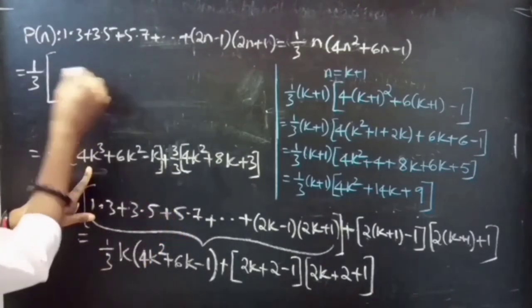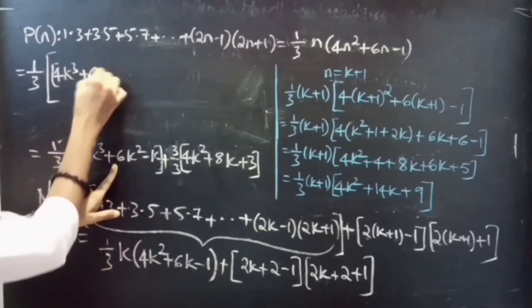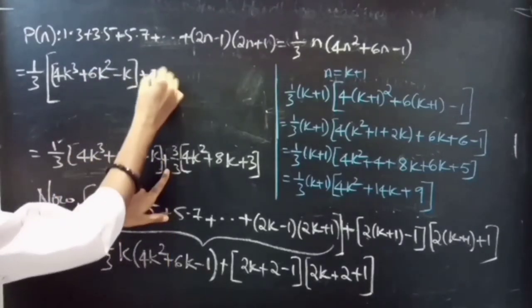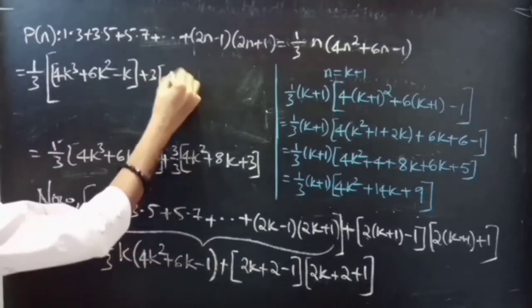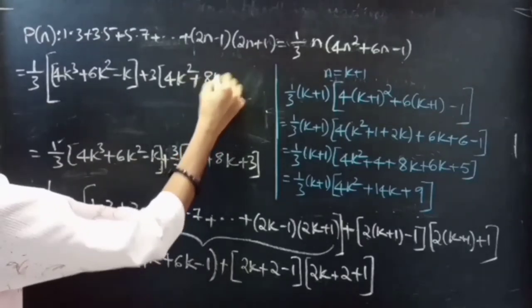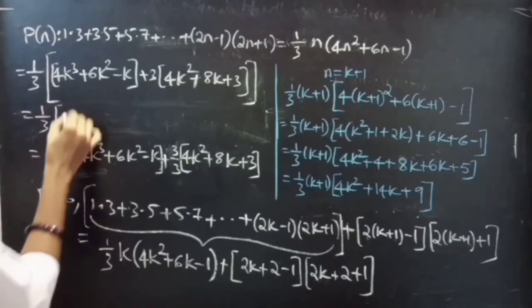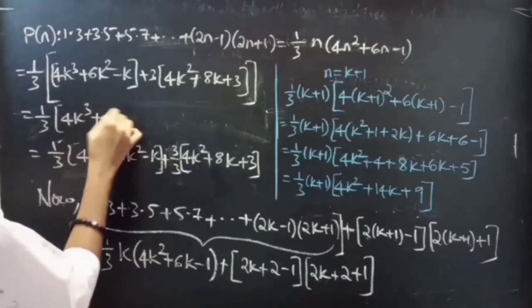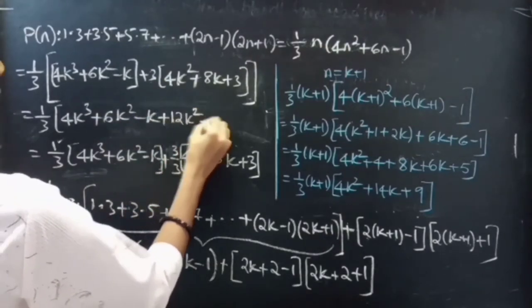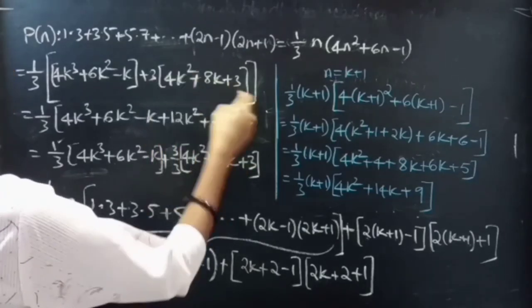We'll get 1 by 3 into 4k cube plus 6k square minus k plus 3 into 4k square plus 8k plus 3. So this equals 1 by 3 into 4k cube plus 6k square minus k plus 3 4s are 12k square, plus 3 8s are 24k, plus 3 3s are 9.